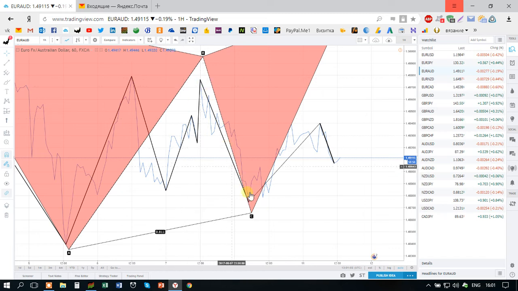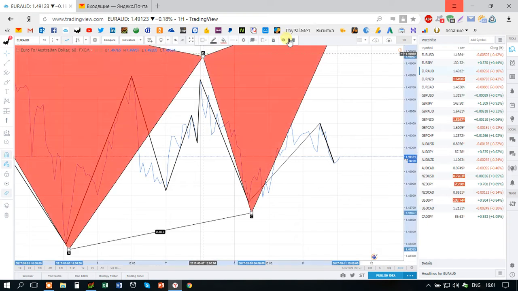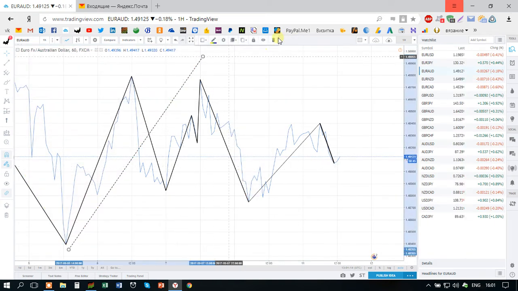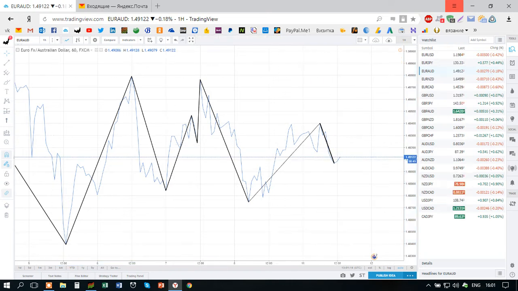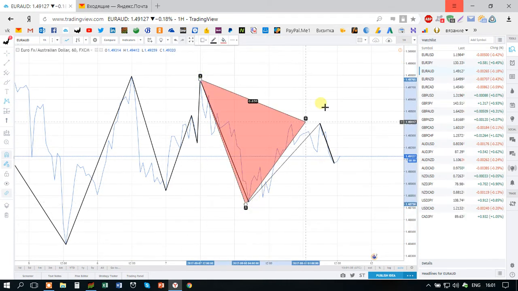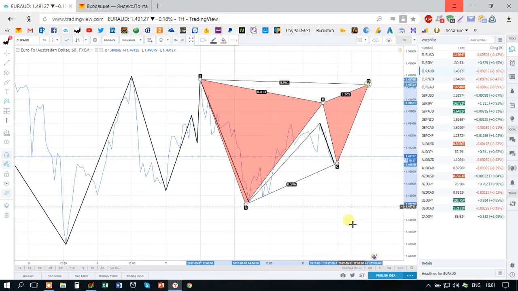Once we have these 1, 2, 3 movements, we can start drawing the potential pattern. To do that, I am to open my MetaTrader and draw the pattern. It will look this way, something like this.